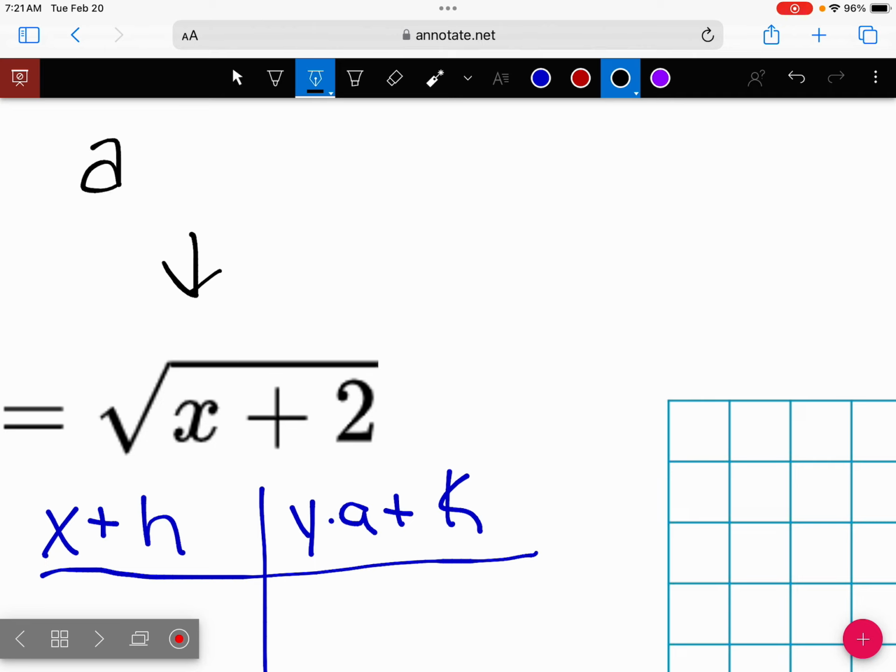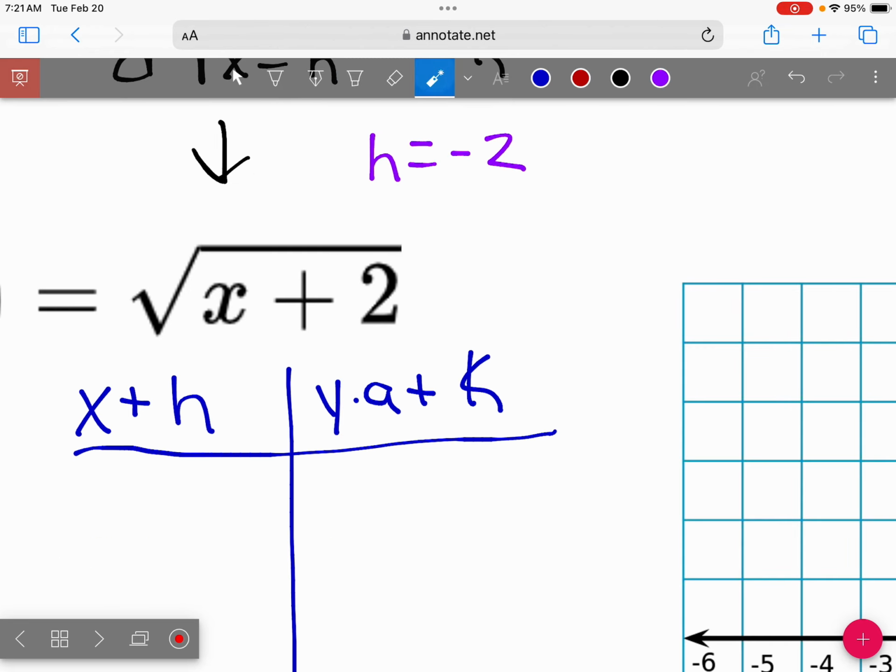So on square roots, our transformation form was a square root of x minus h plus k. So what transformation do we have here in the one that we're graphing right now? I only see one number, so we only have one thing. H. What's our h value? H is -2.